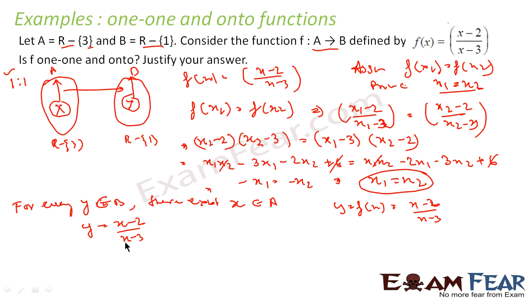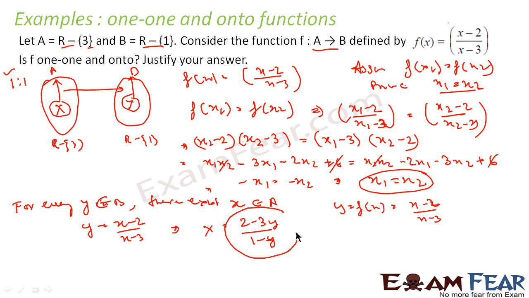Let's write x in terms of y, because for every y we have to find whether x exists or not. You can try this on your own, you will get the same thing. You just say yx minus 3y is equal to x minus 2. Solve it, you get x is equal to 2 minus 3y by 1 minus y.